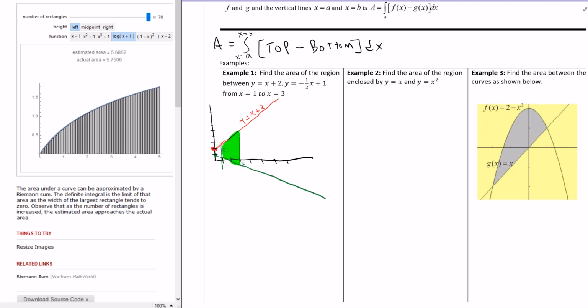And so to find this area, we're going to do the integral from top to bottom. The area here is going to be the integral from a to b. In this case, a is 1, that's the first x value, and b is 3, of the top function, which in this case is x plus 2, and then we're going to subtract the bottom function, which is negative 1/2 x plus 1.